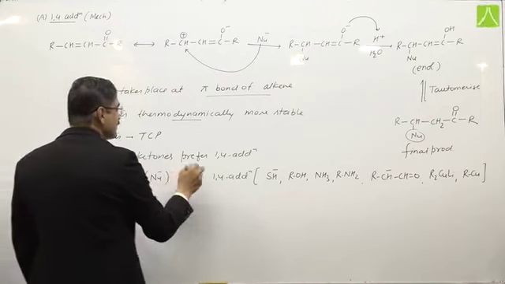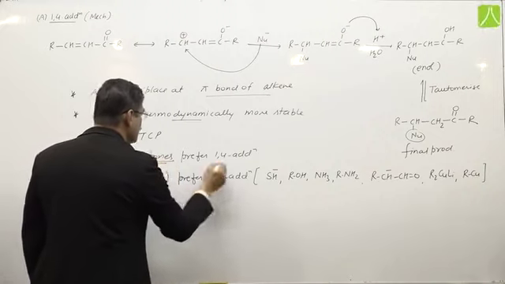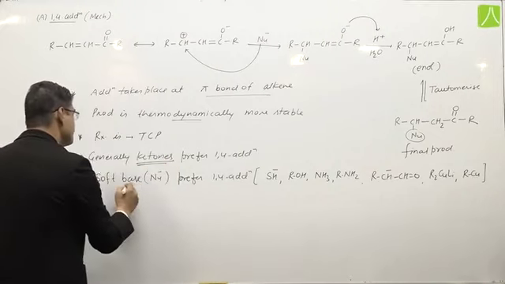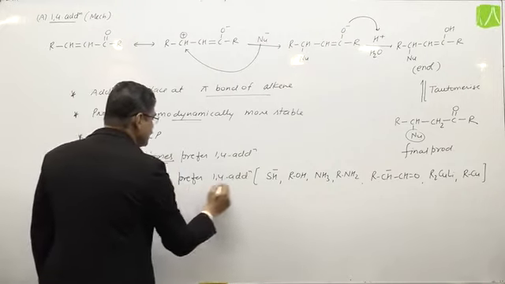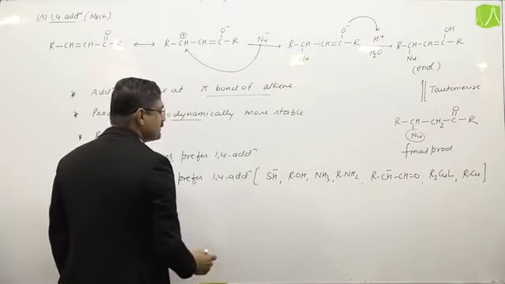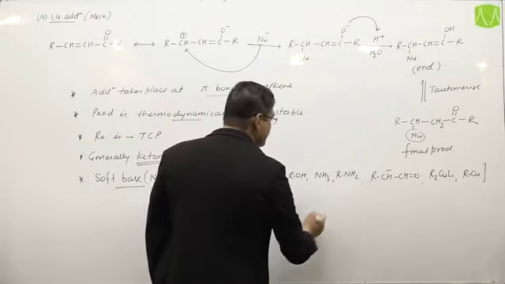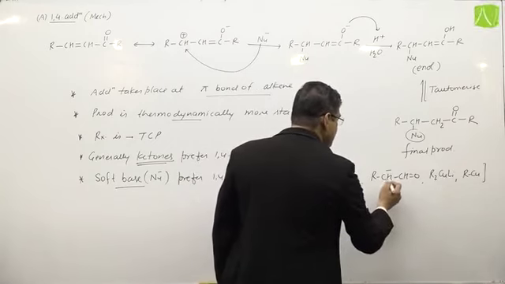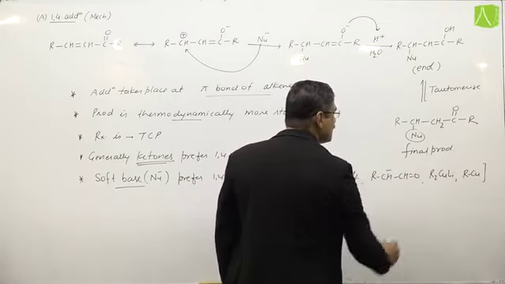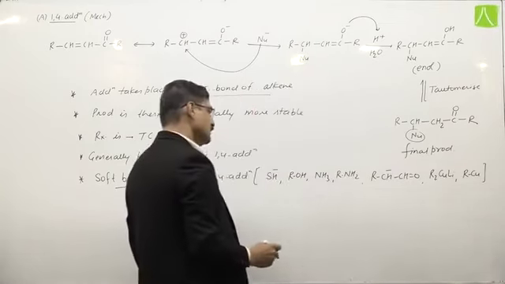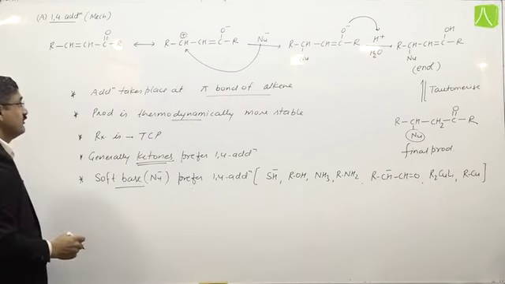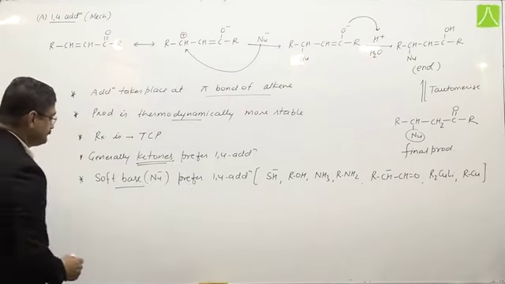Generally ketones prefer 1,4 addition and soft base prefer 1,4 addition. Soft bases like SH minus, ROH, ammonia, amines, C minus, that is carbanions, R2CuLi, RCu. Those kinds of nucleophiles prefer 1,4 addition.